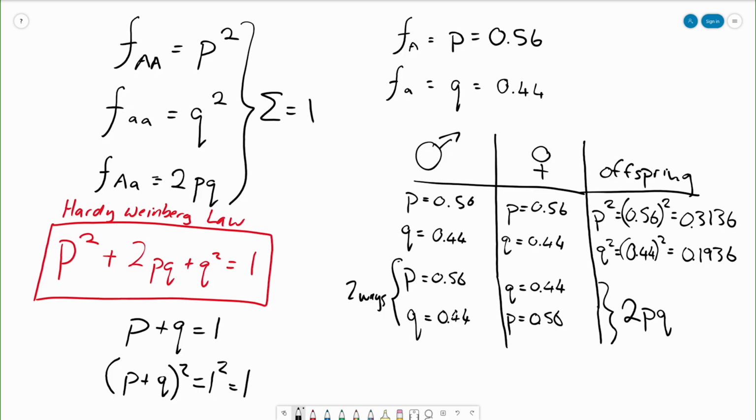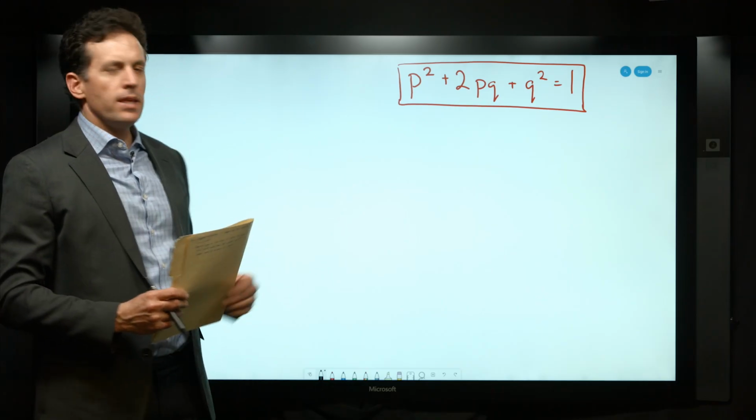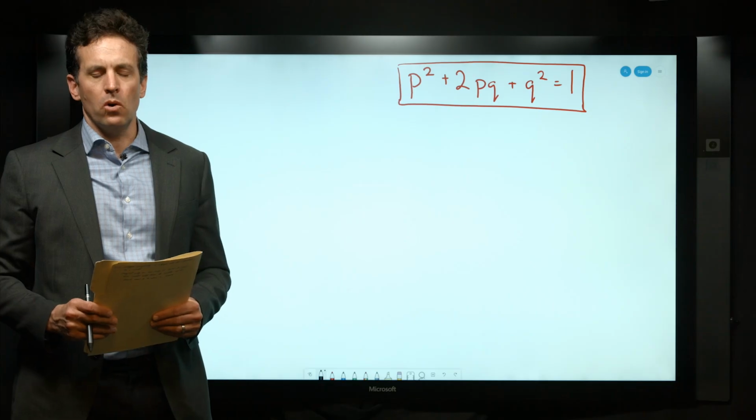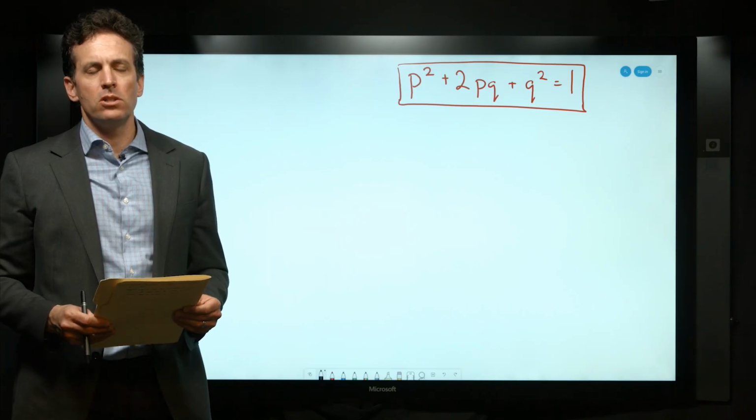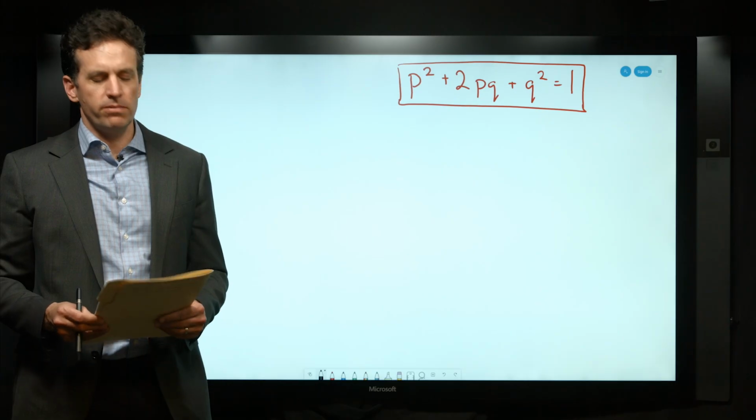And if you expand this, of course, you get this. So this all makes sense. This again is the Hardy-Weinberg law that describes the expected frequency of genotypes given allele frequencies.